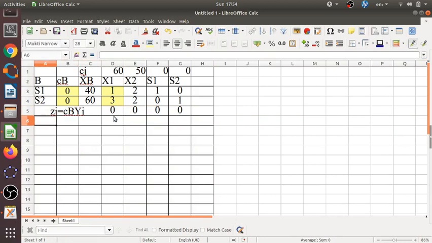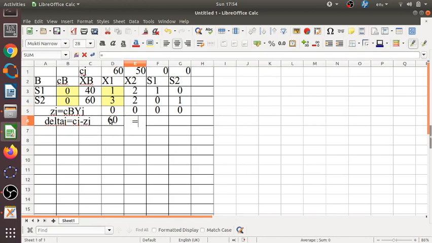Next step is we have to write here cj minus zj, which is delta j. So cj for the first column is 60, and zj is 0, so it's 60 minus 0, that is 60.